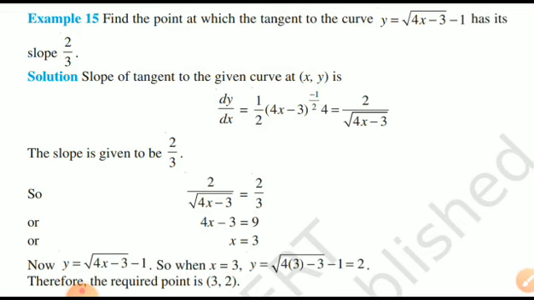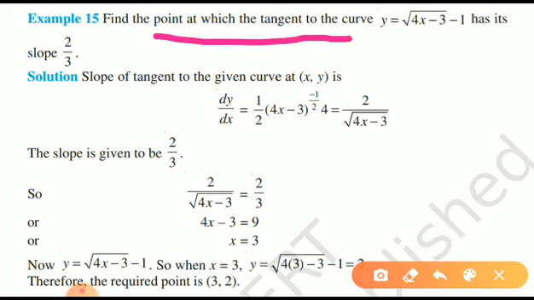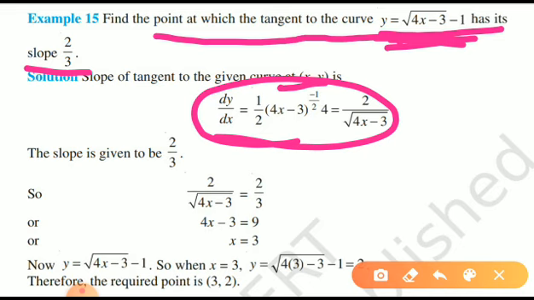So what is the procedure we have followed? We have to find a point at which the tangent to the curve has the given slope. Suppose the point is (x, y). The slope of the tangent to the curve y equal to root of 4x minus 3 minus 1 is dy by dx equal to 2 by root of 4x minus 3.